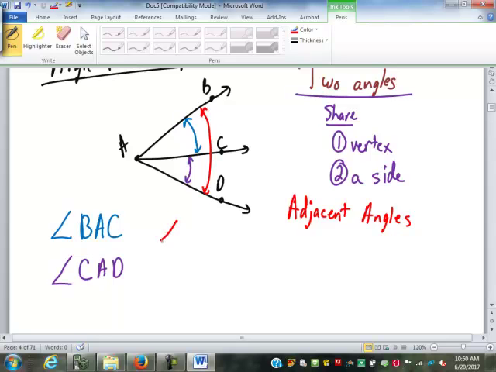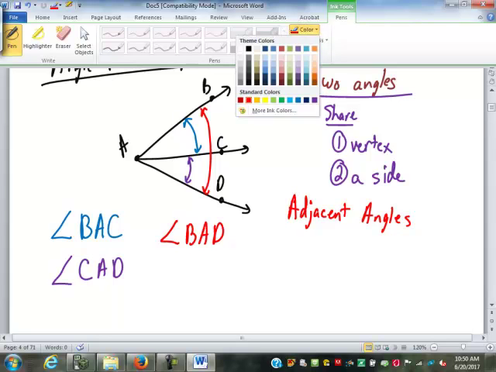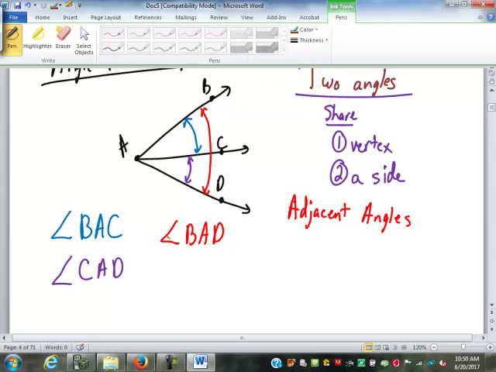That one could be referred to as angle BAD or DAB, either one. And I could say that the 2 adjacent angles are really those 2, BAC and BAD. Now the shared side would be, that's the side they share.